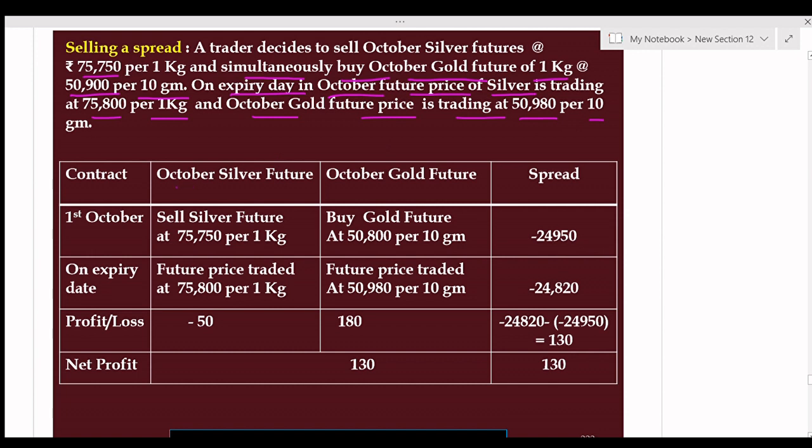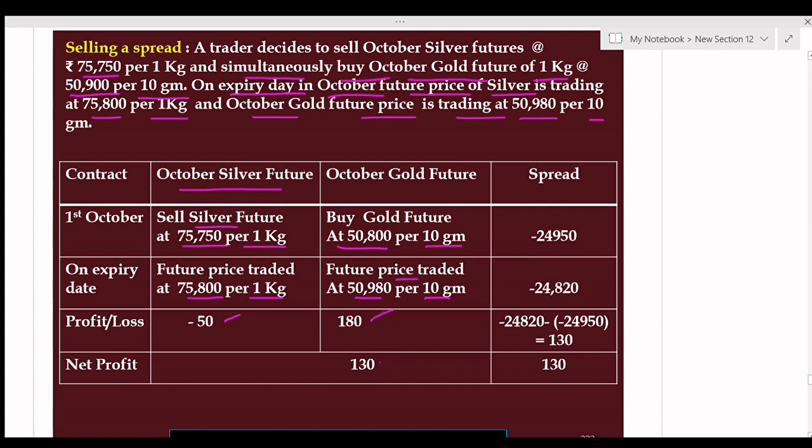So October silver future: sell silver future at 75,750 per 1 kg and future price traded at 75,800 per 1 kg. So the loss will be 50 for selling a short future contract. Now October gold future at rupees 50,800 per 10 gram and future price traded at 50,980 per 10 gram, so profit is 180.